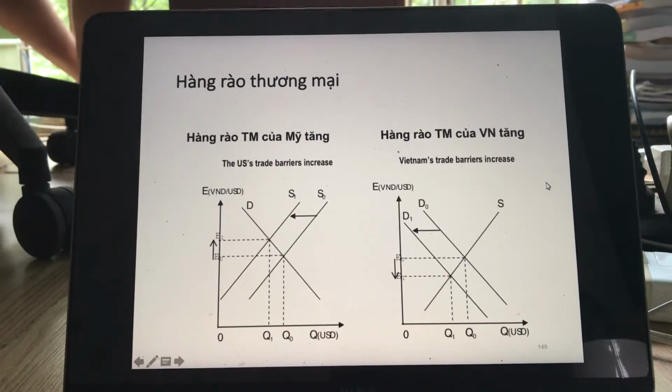Okay, it discourages the importer, and as a result, it shifts the demand to the left, because there's a reduction in imports. So it shifts the demand curve to the left, and it reduces the exchange rate. Okay, so that's the way we analyze.